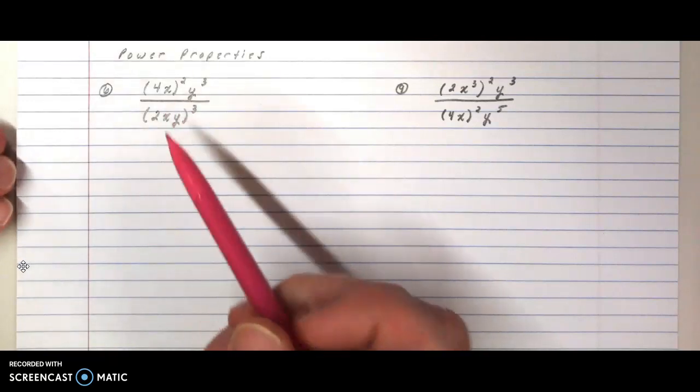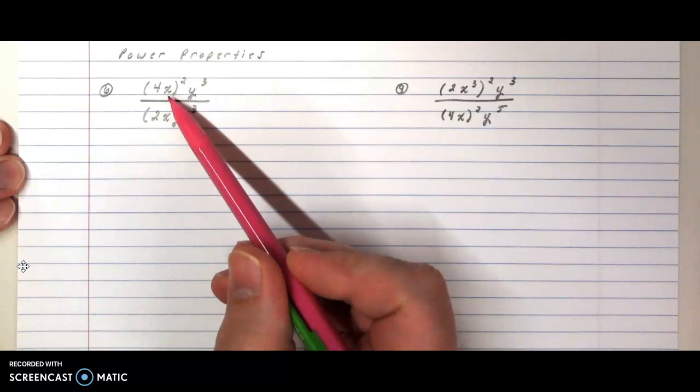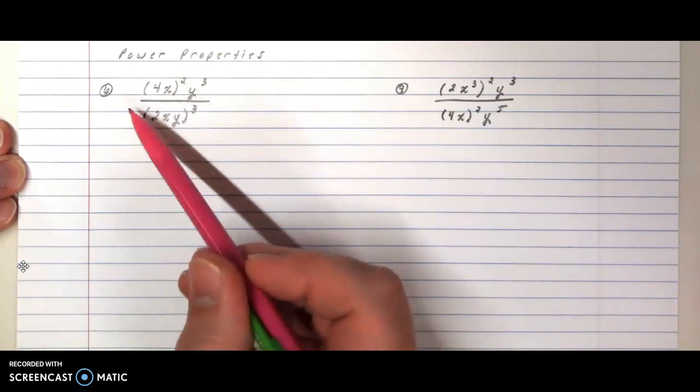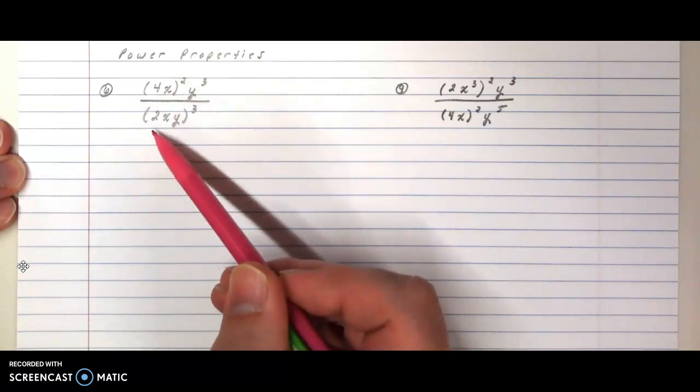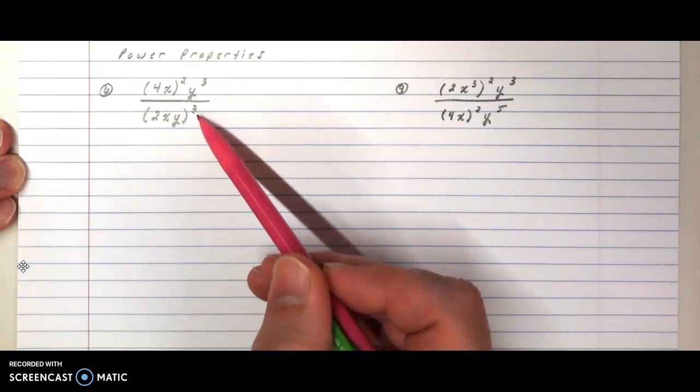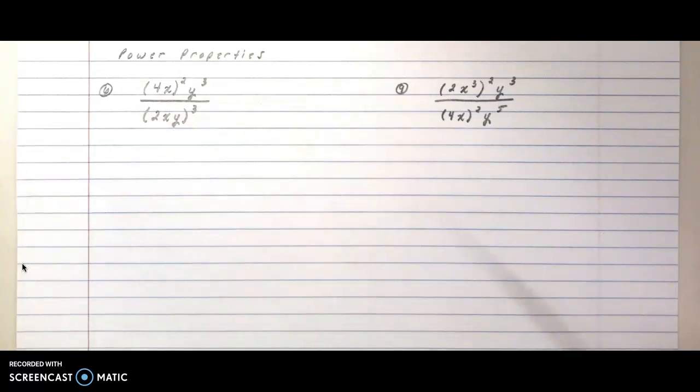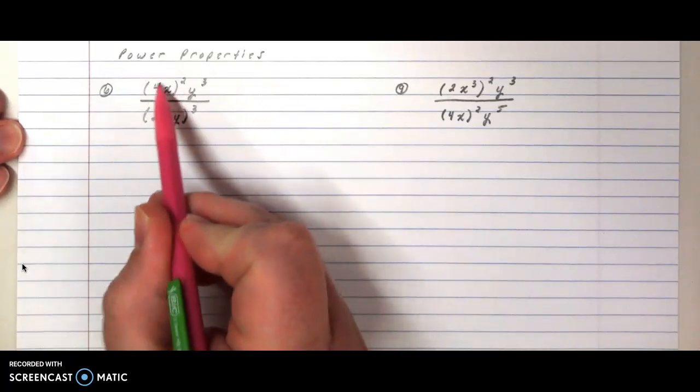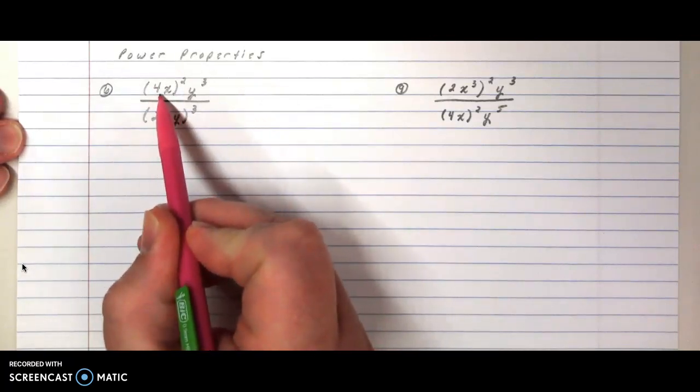So our first problem is the quantity of 4x squared, y cubed, all divided by the quantity of 2xy, all cubed. Just like in a normal order of operations problem, we have to do what's in the parentheses first and then the exponents. Inside the parentheses, 4 times x, nothing can be done there.